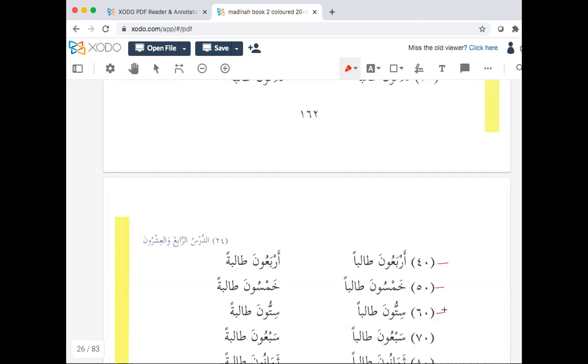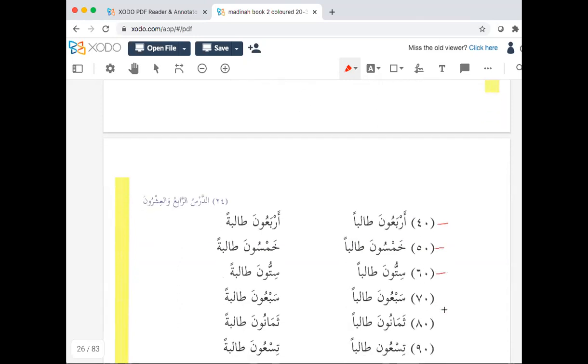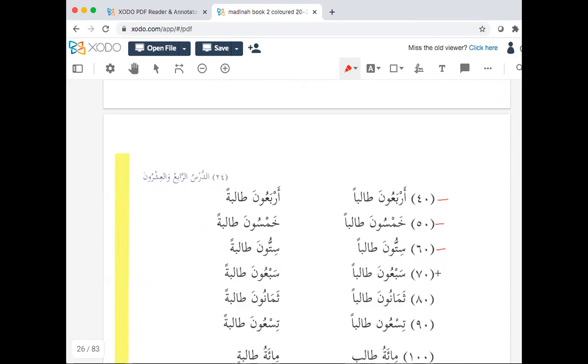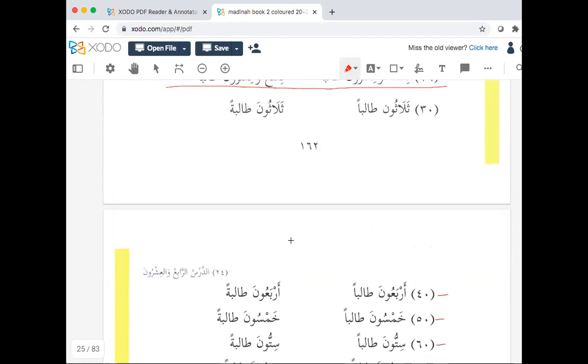Abu Hassan, 60. Sittuna. Abu Maimun, Sab'una. Ilyas, Thamanuna. Abdullah, if you just switch your mic off for a second so that the order of the names can stay the same. Saqib, Tis'una. Zaid, Mi'ah. Tayyib. Hope you remember your numbers, so we don't have to repeat them again.